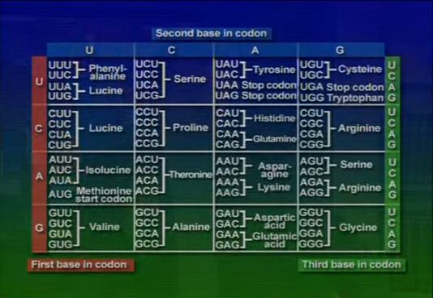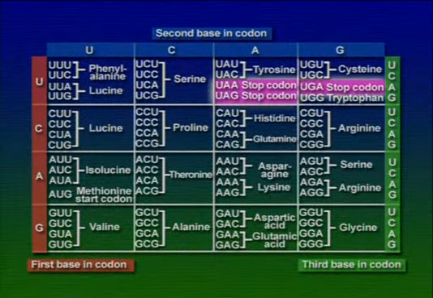Now, I said there are 64 possible combinations, 64 possible codons. It turns out that only 61 of these 64 codons actually correspond to a particular amino acid. 3 of the possible codons are what we call stop codons.